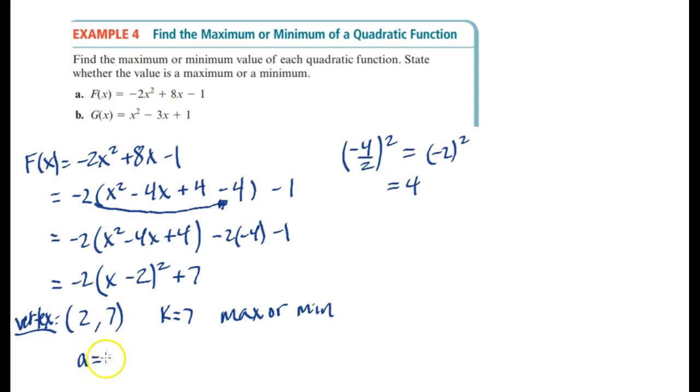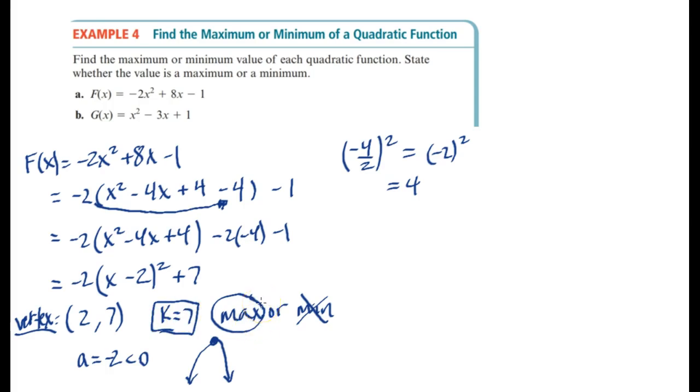A is equal to negative 2, which is less than 0. Since that is less than 0, our parabola is pointing downwards. You can use Desmos to check this out. If you graph this, we'll notice it's pointing downwards, but we can just look at A and determine that. If it's pointing downwards, we have a maximum value. So it's not a min, it's a max. Our max is located at k equals 7.